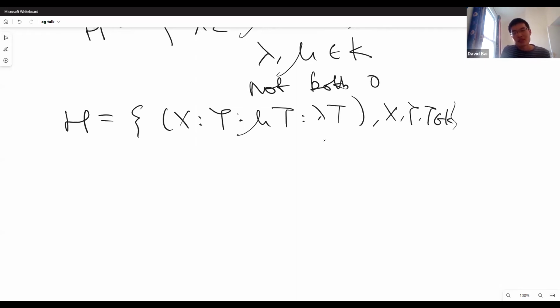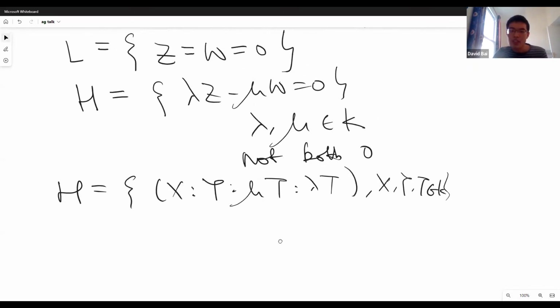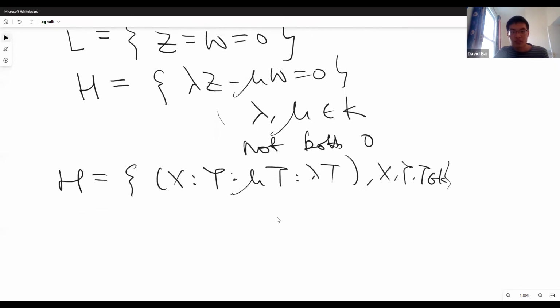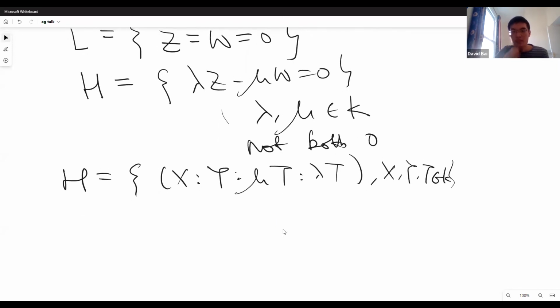Now, this does not quite give us a way of calculating immediately. So let's see how our change of coordinates here simplifies our calculation. We can't do it with a general cubic because there are 20 cubic monomials in 4 variables. So it will just be horrendous. But if it contains this line, what does it mean? It means that whenever one of Z and W vanish, my cubic form F should vanish.